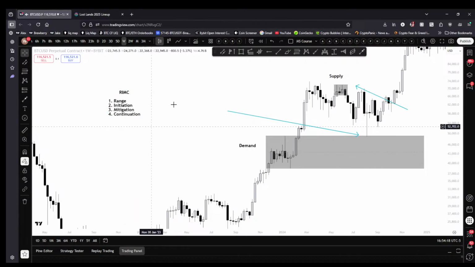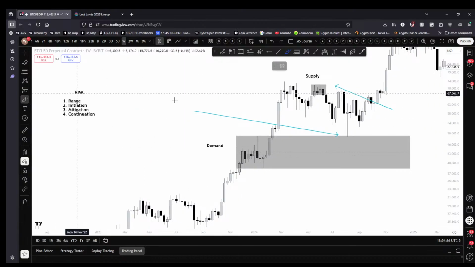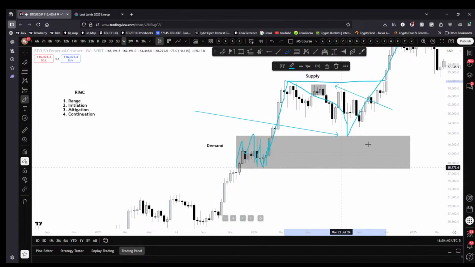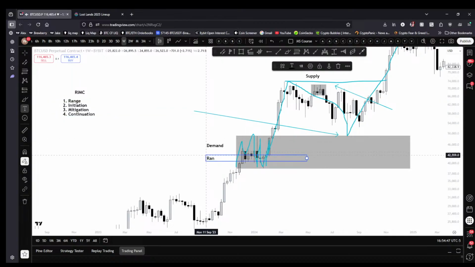Now, this is in market structure the ways that we generally understand a range to operate, right? The price will form a range. The price will initiate out of that range. The price will mitigate that range. And the price will continue out of that range if the current trend is going to continue, right?